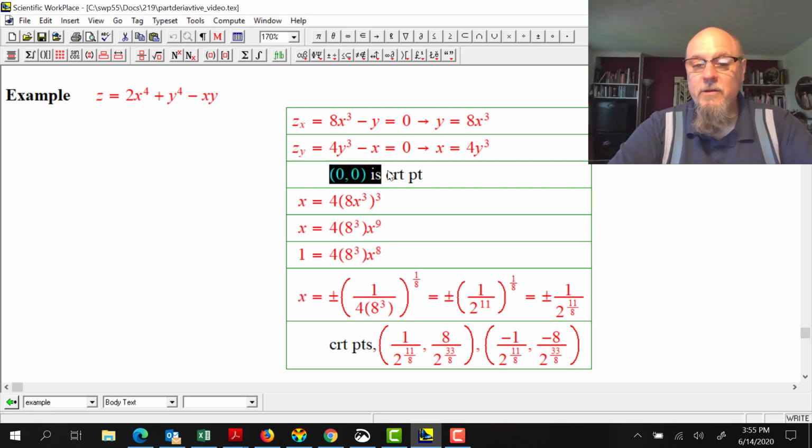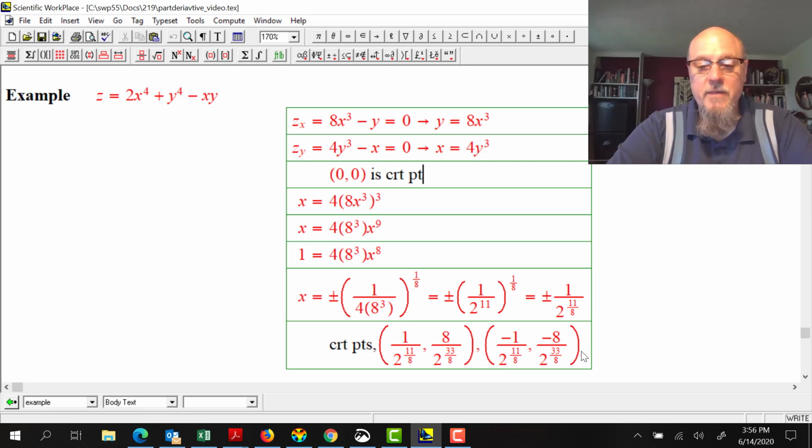If I didn't make note of it ahead of time, when I got to this step, you would have to have gone either x is equal to 0, in which case y is equal to 0, or this is true. It's a lot easier to see it by inspection first, and then do the rest of it not worrying about the 0, 0 origin. So now I've got 3 critical points.